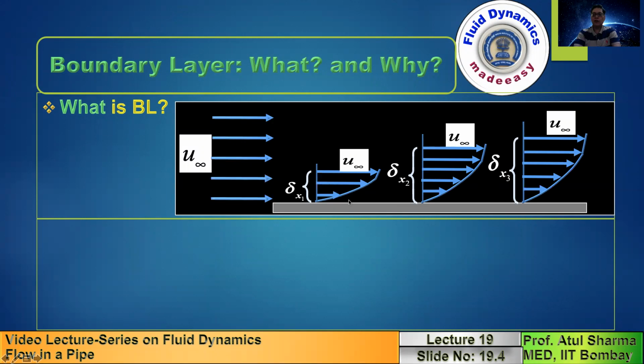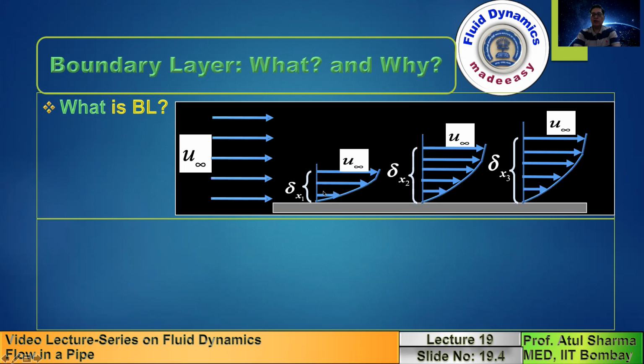So what you observe is, as you move downstream over the surface of the plate, the thickness of the fluid layer across which you have a velocity gradient gradually increases. If the vertical direction is y, the height of the fluid layer on which del u by del y is non-zero is gradually increasing.